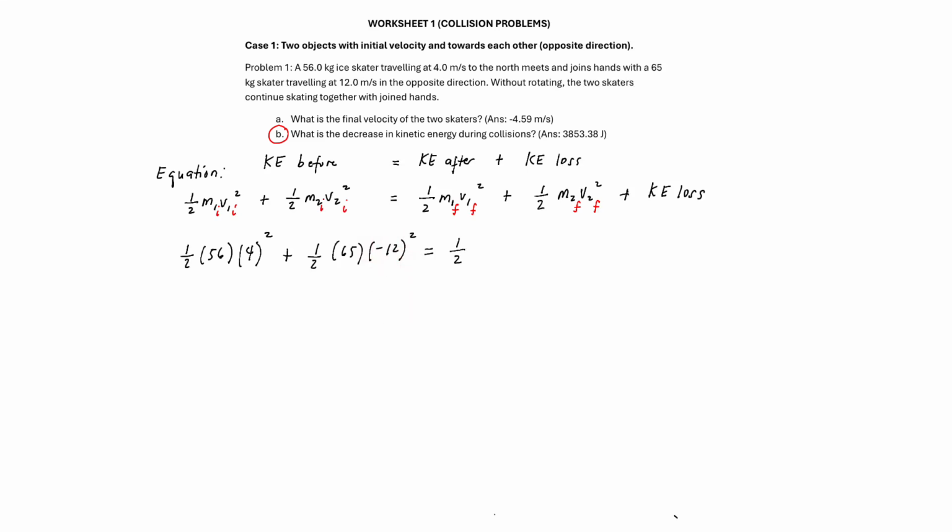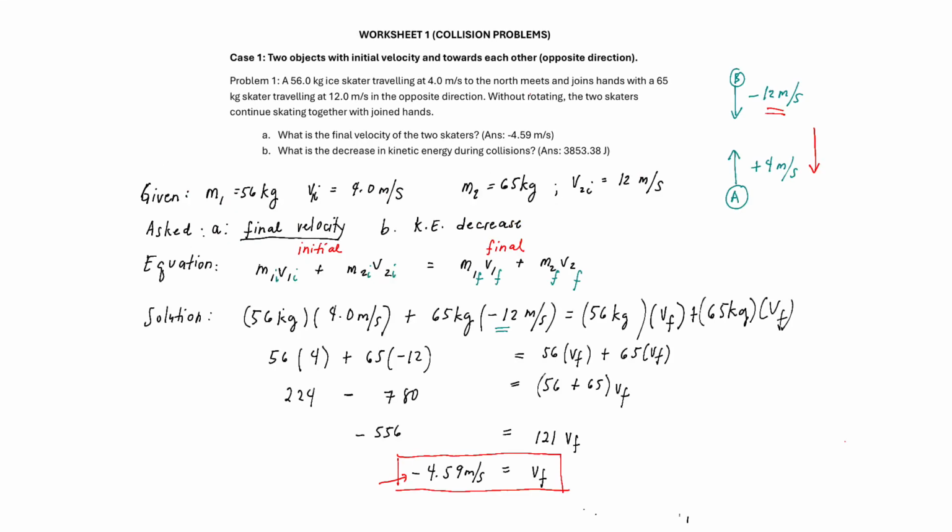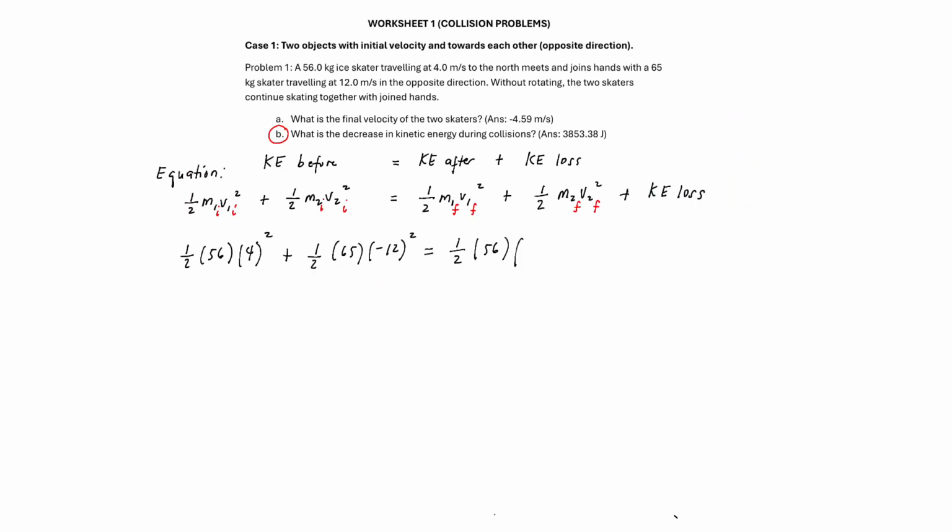Then 1/2, our mass 1 is 56, and we already computed the velocity in the first part, which is negative 4.59, so negative 4.59 square, plus 1/2 of 65 and negative 4.59 squared, plus kinetic energy loss.